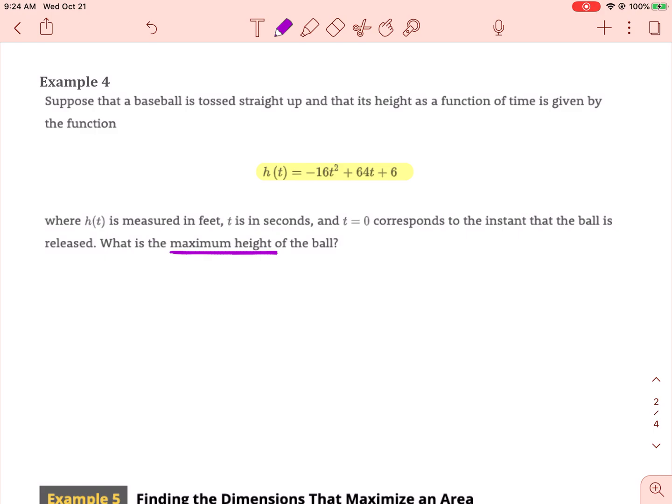So we're trying to find that vertex again. You could complete the square, or you could do x equals negative b over 2a. I'm going to show completing the square just as a little difference because you know both will work. So when I complete the square, quick reminder, we have to factor out that 16 because we need a 1 as the coefficient to become minus 4t, and then I move over that plus 6 a little bit.